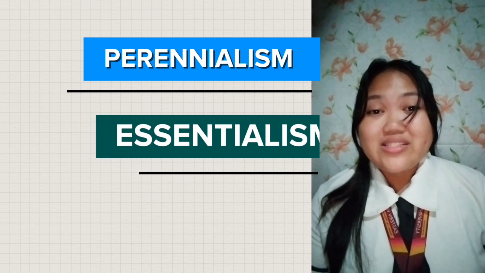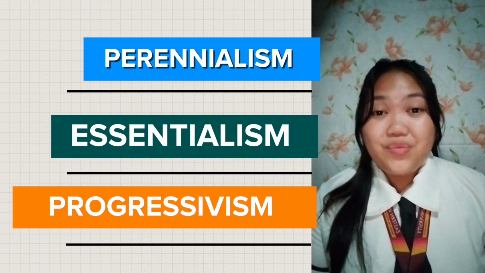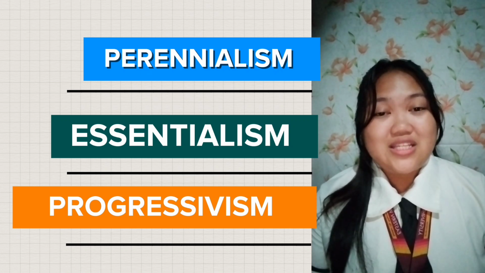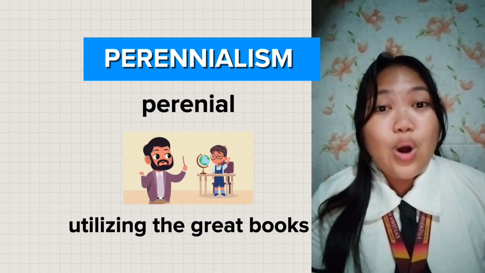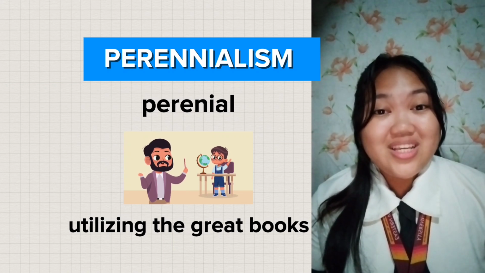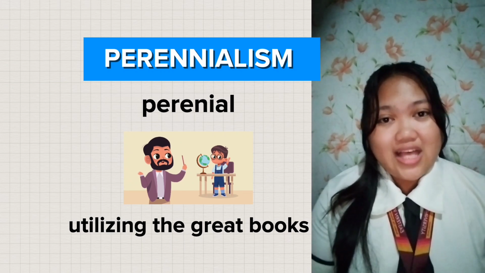Do you understand now what is perennialism, essentialism, and progressivism? So let me give you the keywords for these three philosophies. First is perennialism. Remember the word perennial, which means everlasting. So this is all about teaching students the timeless ideas.